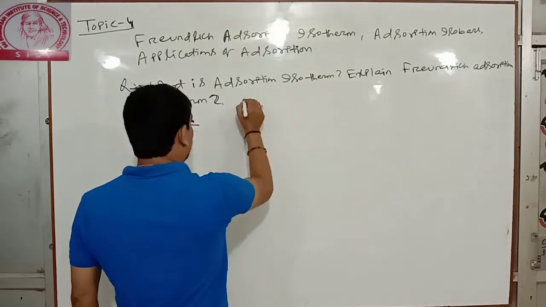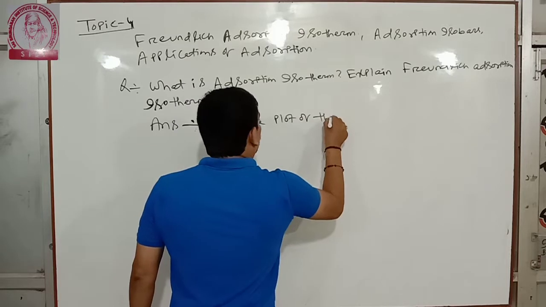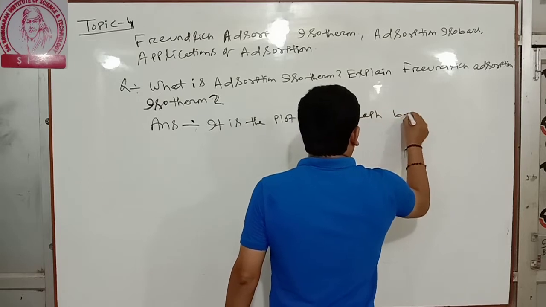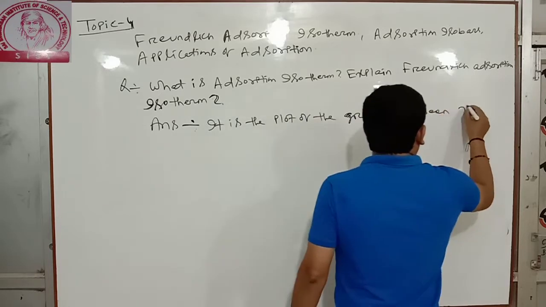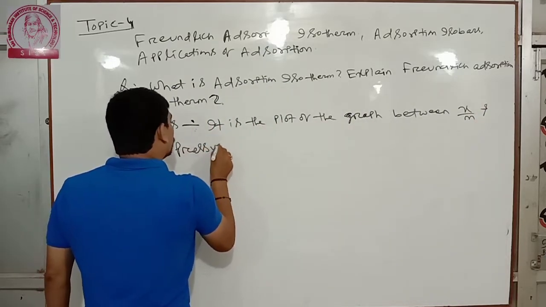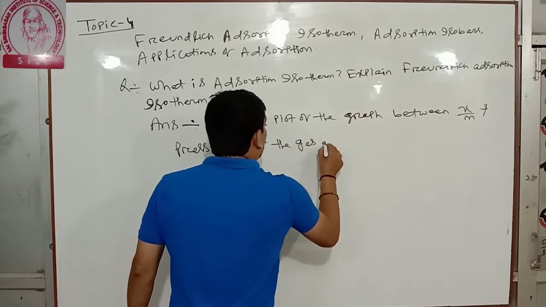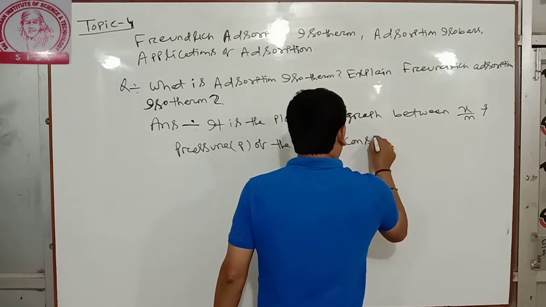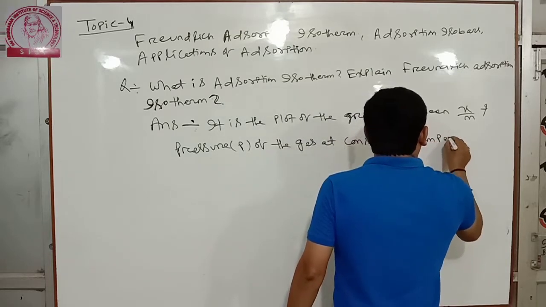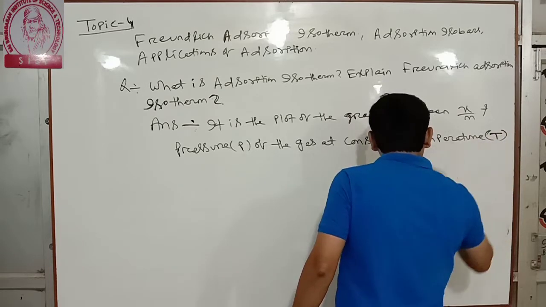It is the plot of the graph between x by m and pressure P of the gas at constant temperature T.